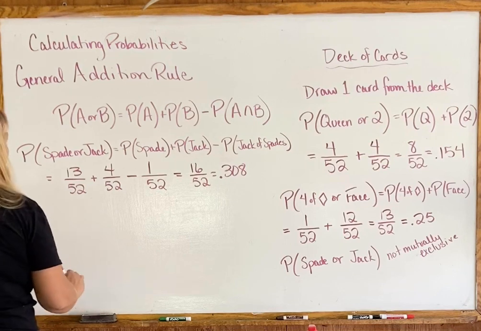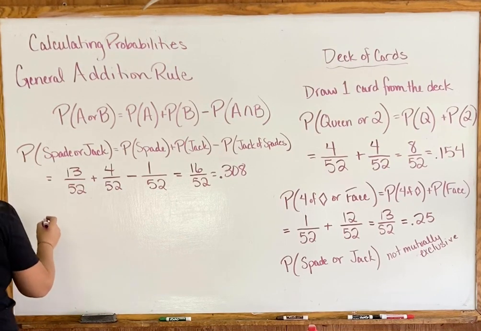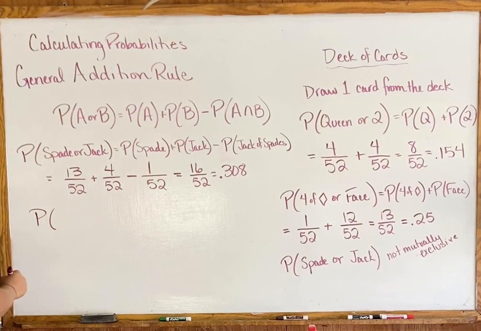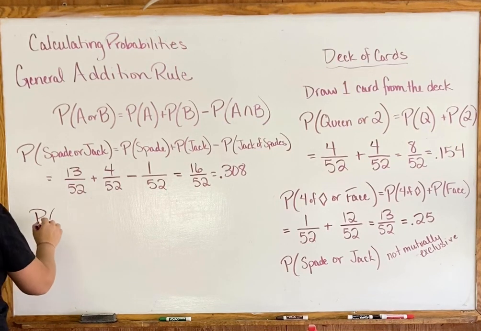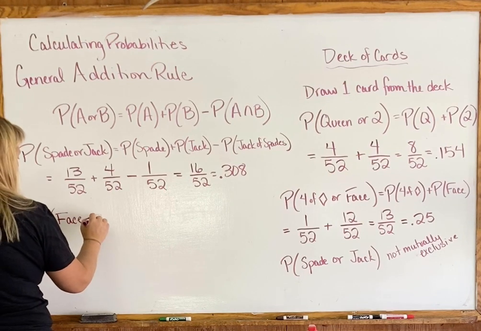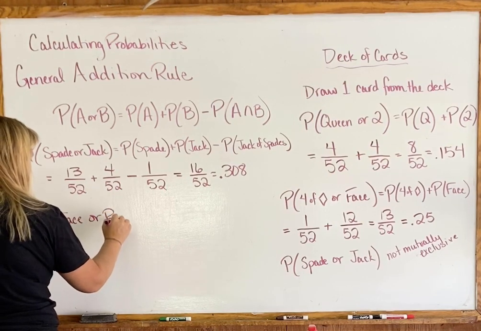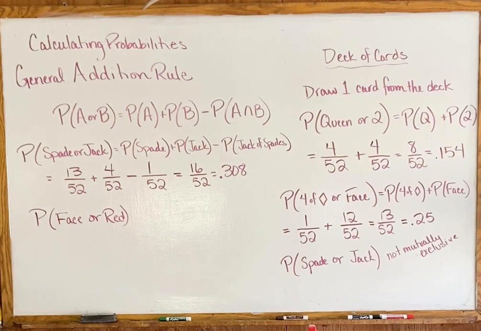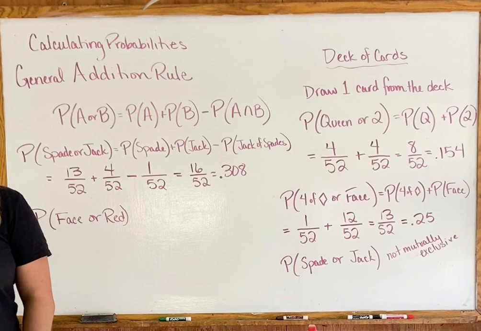Okay, so let's look at one more here. Let's see, what do we want to find this time? Let's find the probability of getting a face card or a red card. So we want face card or a red card. The first thing you ask yourself is, are there any face cards that are also red?